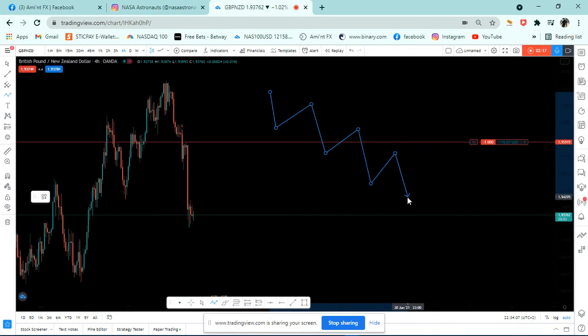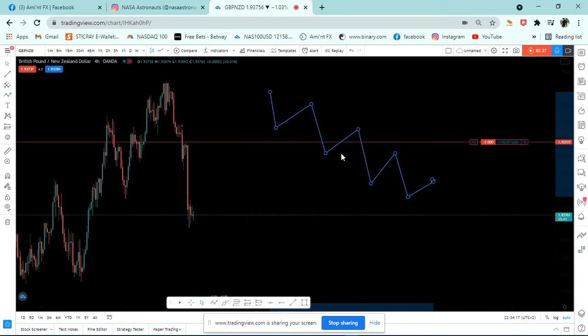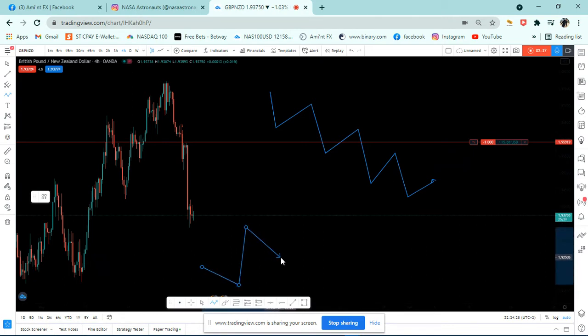You see? So that's a downtrend. An uptrend is the opposite of a downtrend. So the market will be going something like this.